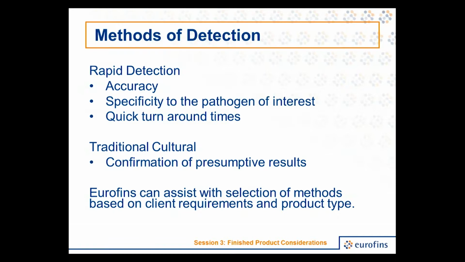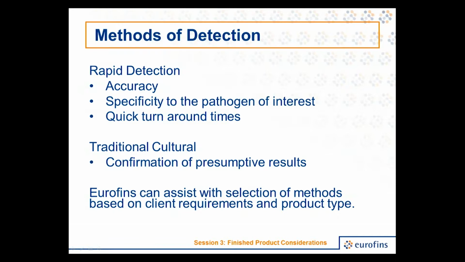Rapid detection methods are preferred, and we get those quite a bit due to the use of immunological detection or PCR amplification of pathogen-specific DNA sequences to detect the presence of our pathogens of interest after incubation in a non-selective enrichment broth to repair and amplify any cells that might be present to detectable levels. What this allows us is quick turnaround times and results in as little as 24 hours, depending on the pathogen and the method of detection.